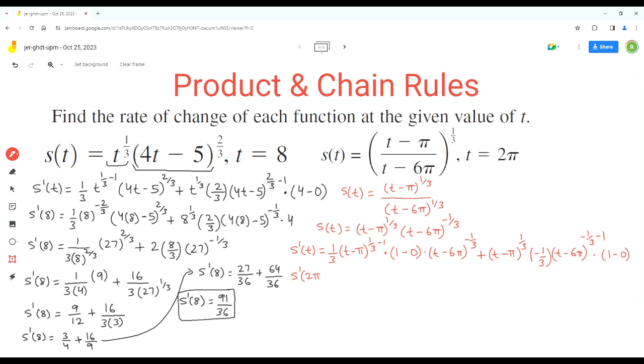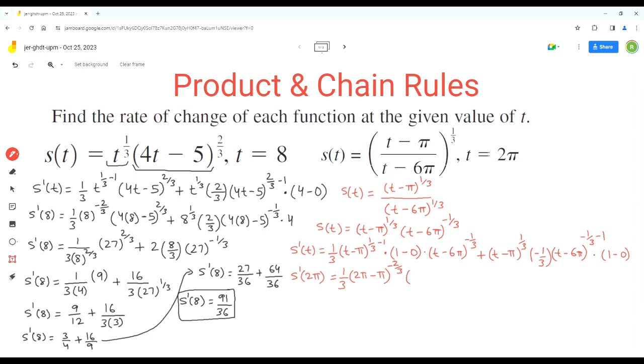So s prime of 2 pi, and we can also simplify this expression. So 1 over 3 and then (2 pi minus pi) exponent 1 over 3 minus 1, which is negative 2 over 3. Now 1 minus 0 is just 1, so multiplication by 1 doesn't change anything.